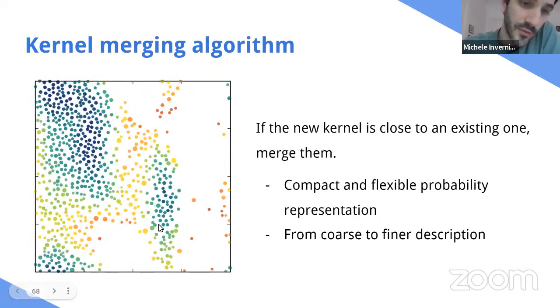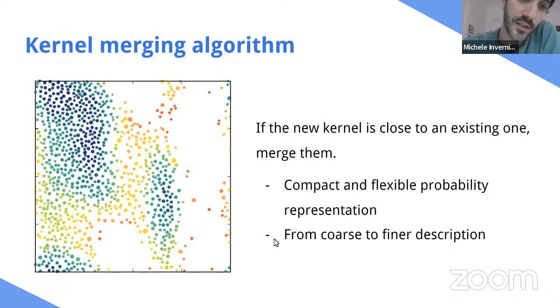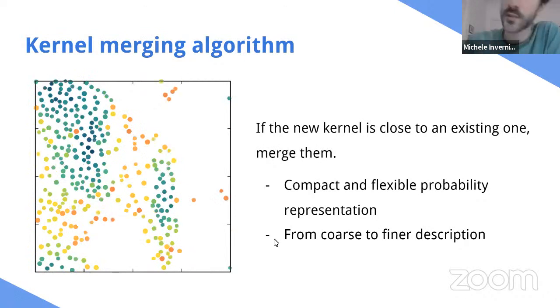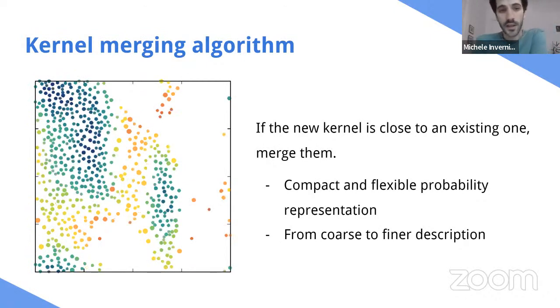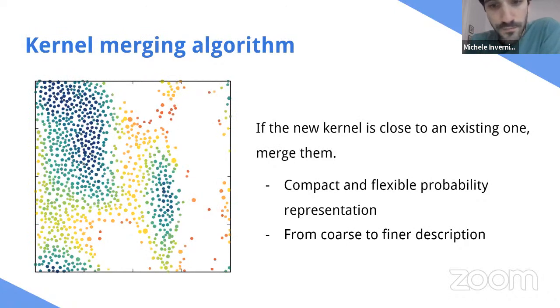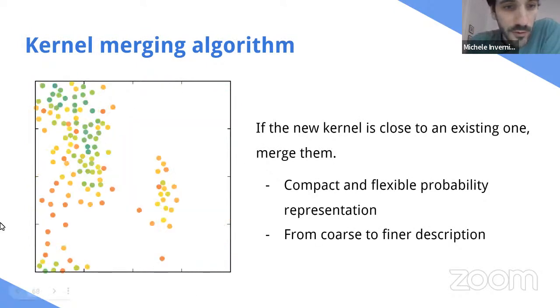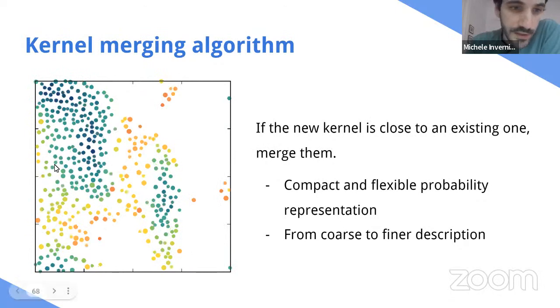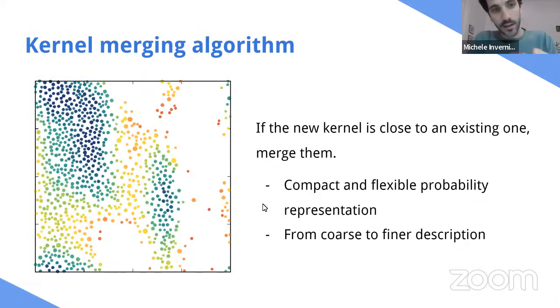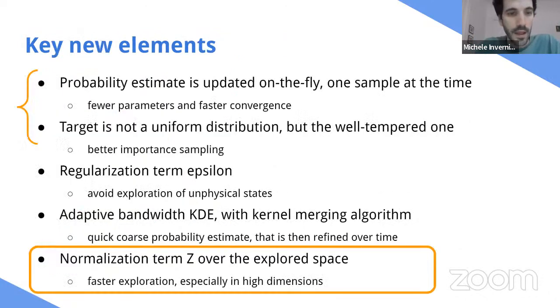So it's extremely efficient, and the number of kernels needed for the representation of the probability, and thus of the bias, does not linearly increase with time, but remains small. And this also allows to go from a coarse to a fine description, because you start with bigger kernels and then they shrink over time.